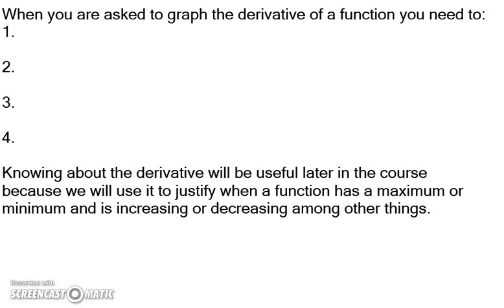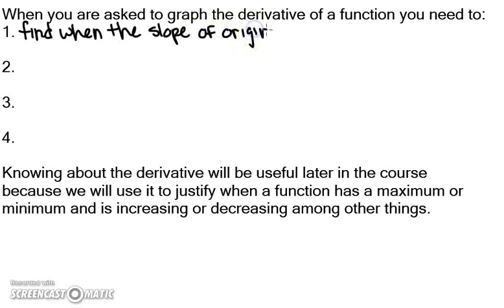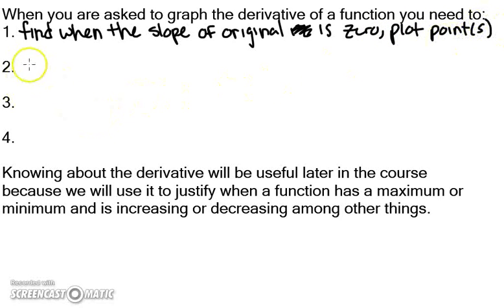When we're asked to graph a derivative, there's four things that we're going to need to do. First, we're going to need to find when the slope of the original graph is 0, and we want to plot those points. After that, we want to find the intervals of positive slope.